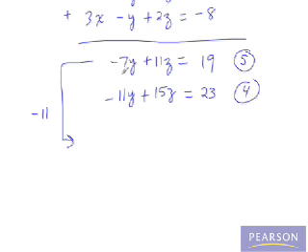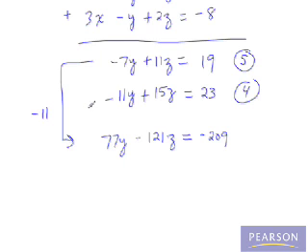Giving us negative 7y times negative 11, positive 77y. Positive 11z times negative 11 is a negative 121z. And positive 19 times negative 11 gives us a negative 209.